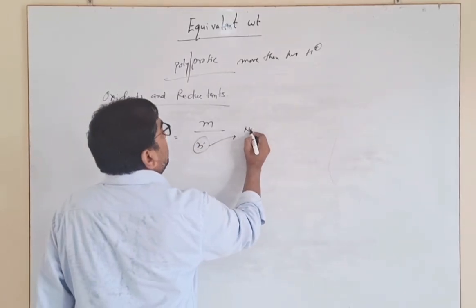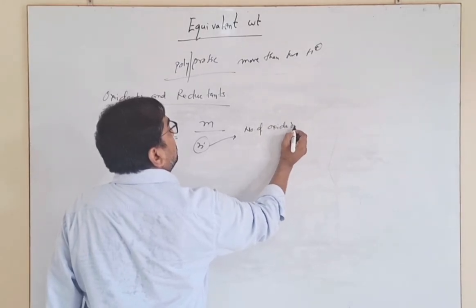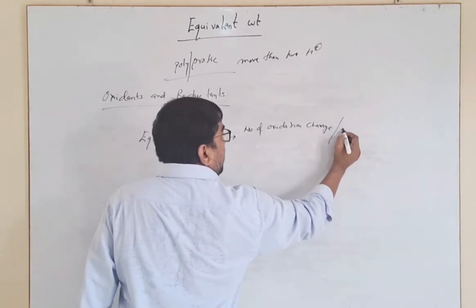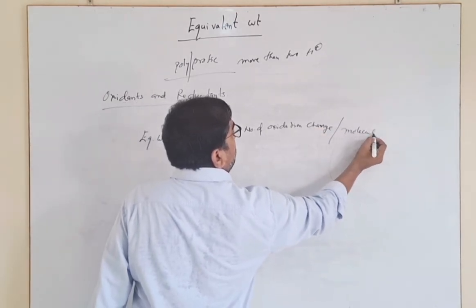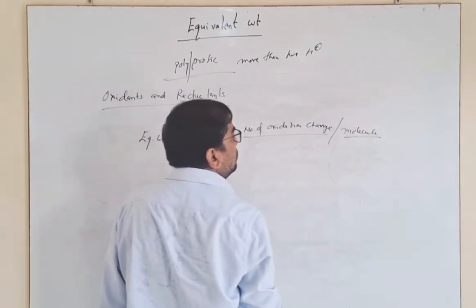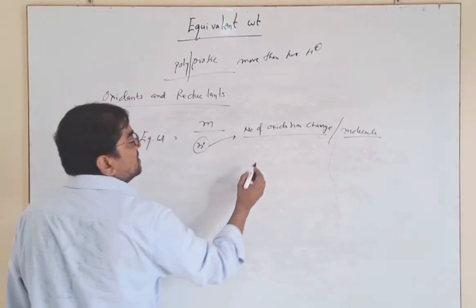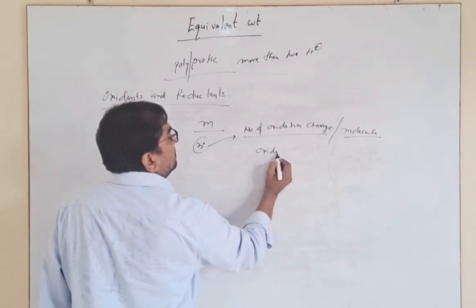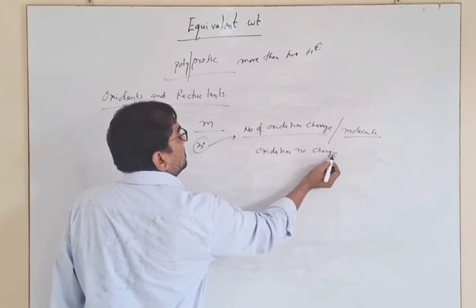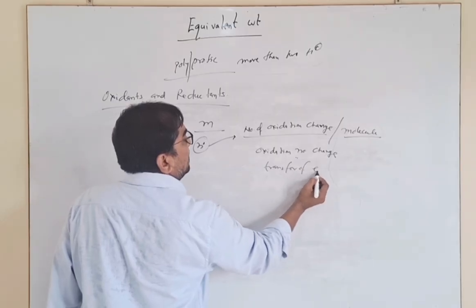It is the number of oxidation number change per molecule. Number of oxidation number change per molecule. So here N dash we will find on the basis of oxidation number change, that is, transfer of electrons.